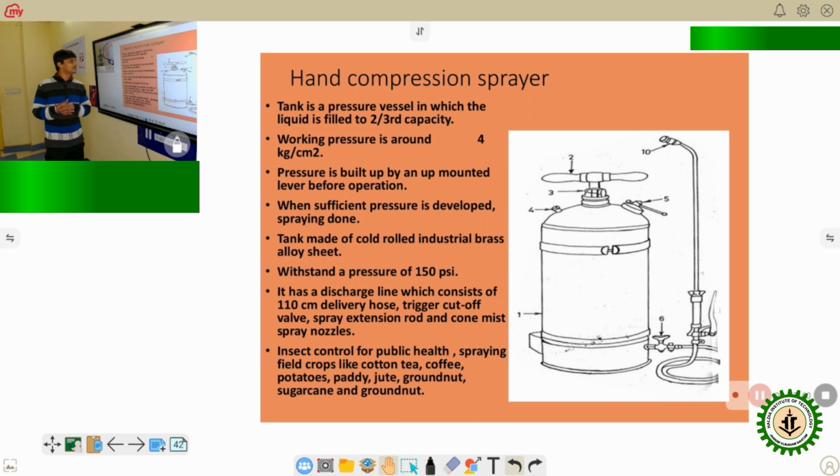The pressure is built up by an arm-mounted lever before operations, and it is a constant pressure of 150 psi. It can easily be used for controlling insects, for public health spraying, and for field crops like cotton, tea, coffee, jute, groundnut, etc. So this is another important sprayer which is also used in the agricultural field.